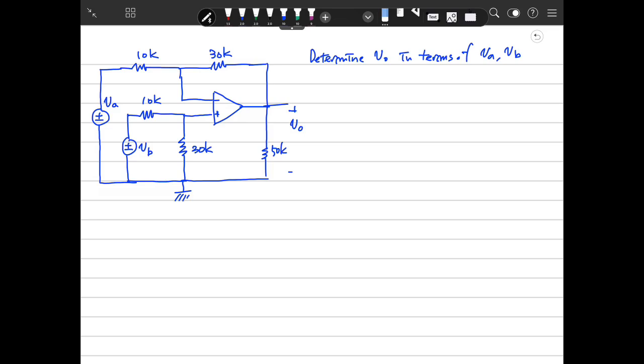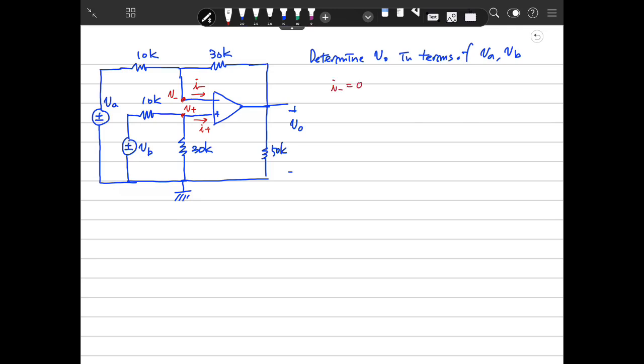So what should we do at first to solve an electric circuit having an op-amp? First, we define that current is I minus, and that current is I plus, and that voltage is V minus, and that voltage is V plus. We define them here and write the equations.